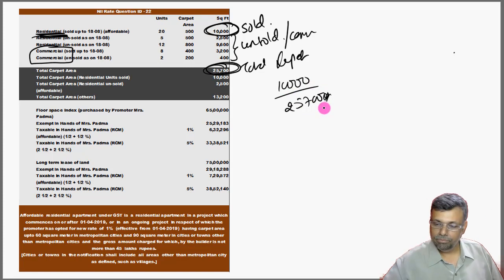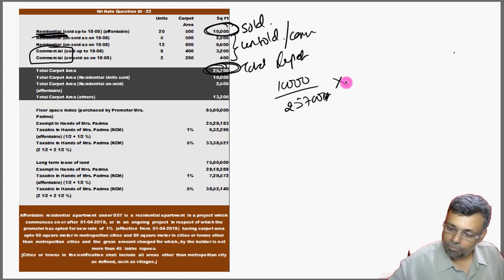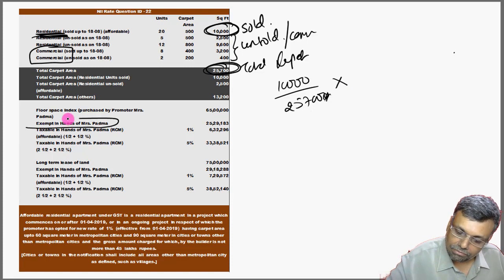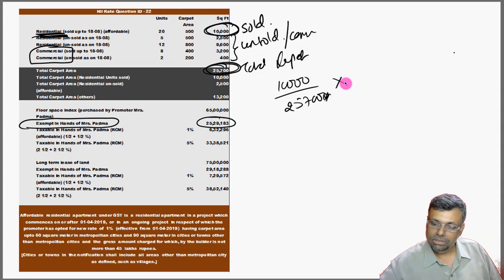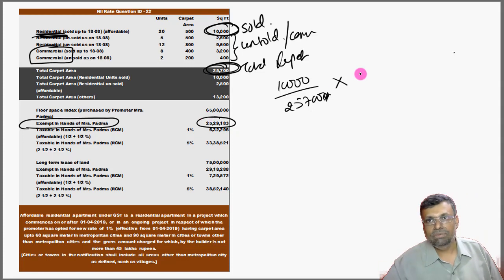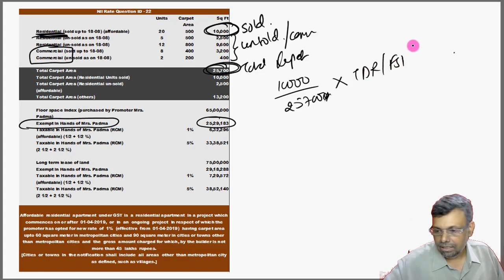This is square foot multiplied with TDR or FSI or long-term lease of the land. Now this much amount will be exempt in the hands of the promoter. So this will be multiplied with TDR, FSI or long-term lease, because all three transactions have the same treatment. That's the reason I'm saying so. However, the technical entry numbers are different. So we multiply with TDRs or FSI or long-term lease of land.